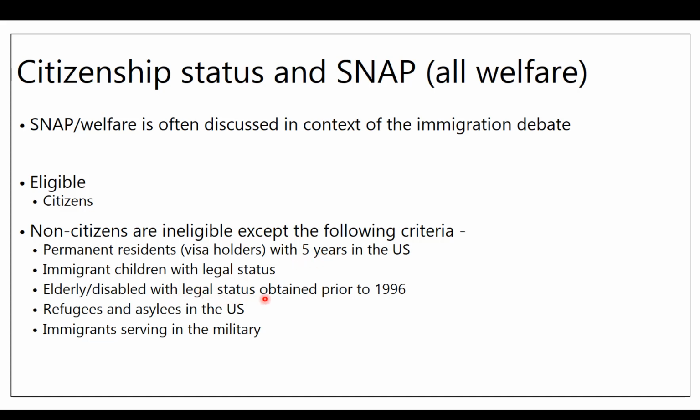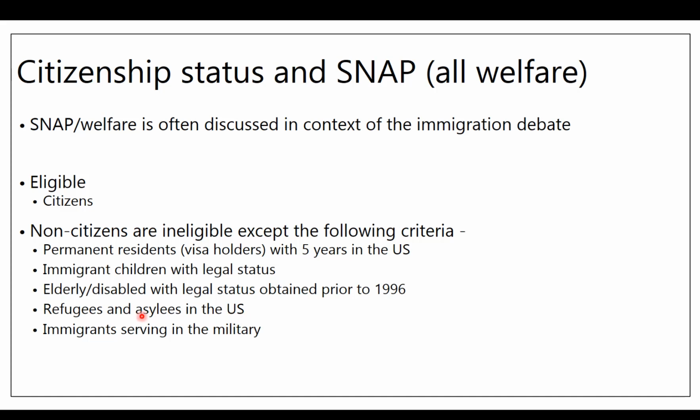Elderly and disabled with legal status prior to 1996, the last big immigration reform bill that conferred some legal status to undocumented migrants. So it was one in the 80s, one again in the 90s, and those are the last two we had of those. If you're a refugee or sought asylum and it was conferred to you from the U.S., then you are eligible.